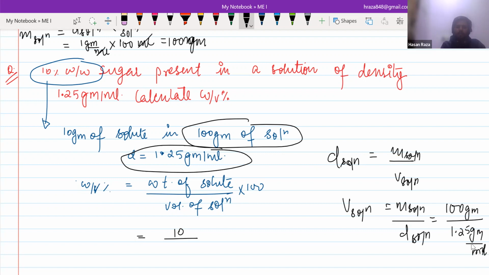This ml will move to the numerator. So 100 divided by 1.25 will give you 80 ml. So I'm going to put the value of volume of solution as 80, and then 100, it will be 0, 0 will be cancelled, and then 100 divided by 8 is equal to 12.5% weight by volume, not 12, right?